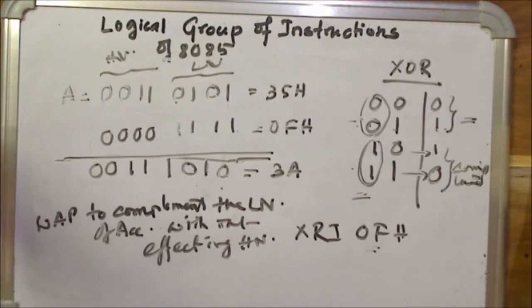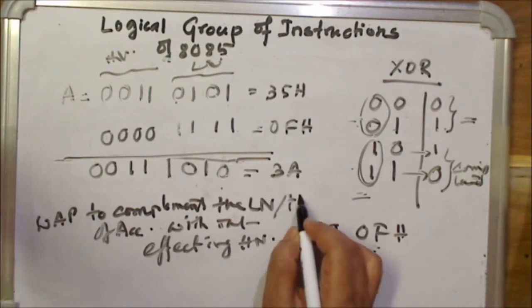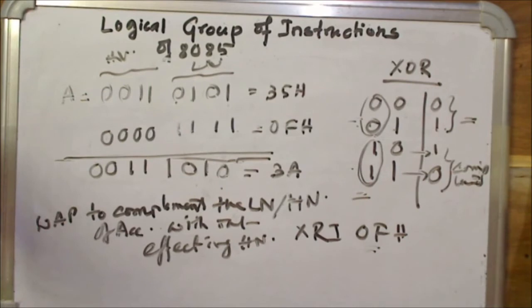So I hope it is clear how to use this. Now if I say you have to complement the higher nibble of the accumulator without affecting the lower nibble, what would you have done?